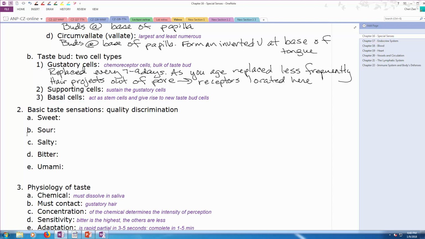Now, if we are to appreciate sweet, the only thing you need to be is sugar or alcohol. There's more, but we'll just limit to sugars or alcohol. If you are a sour, all you need to be activated is by acids.